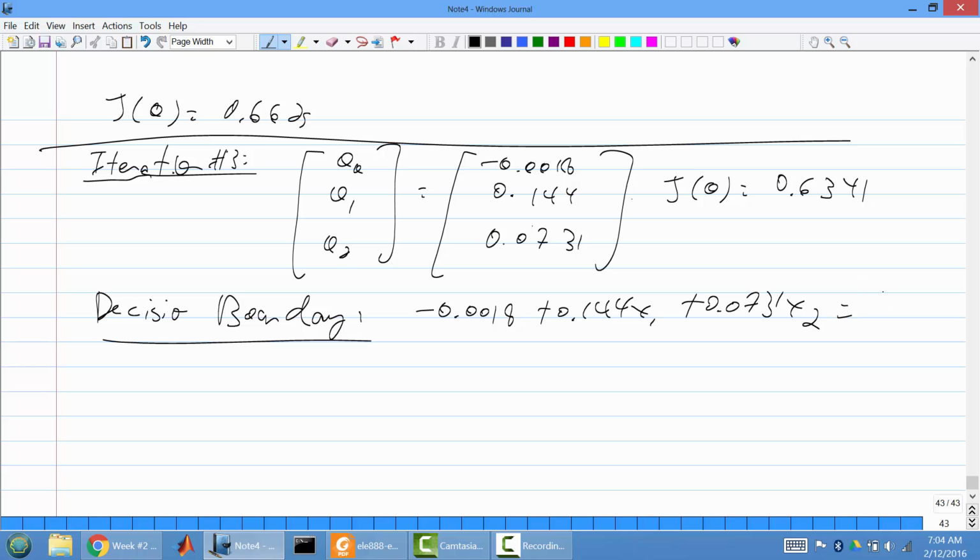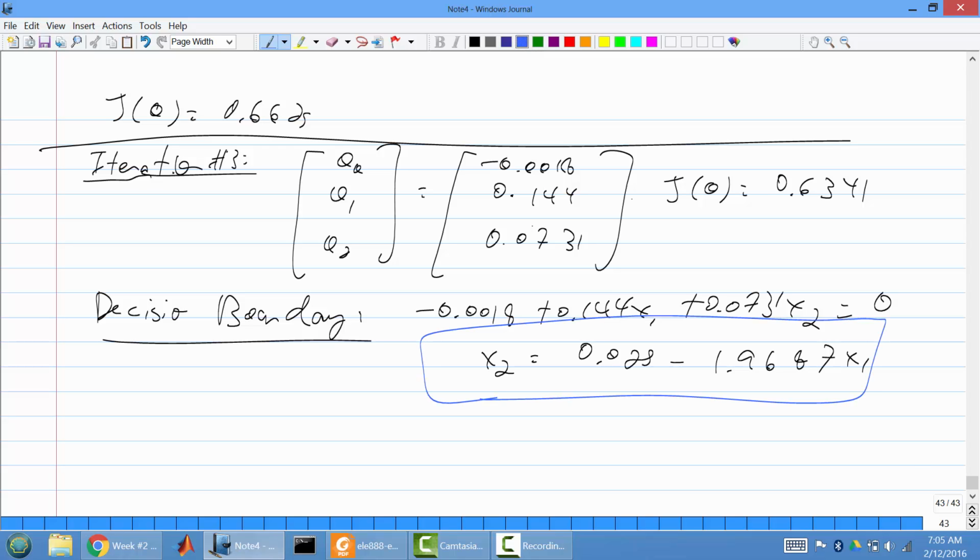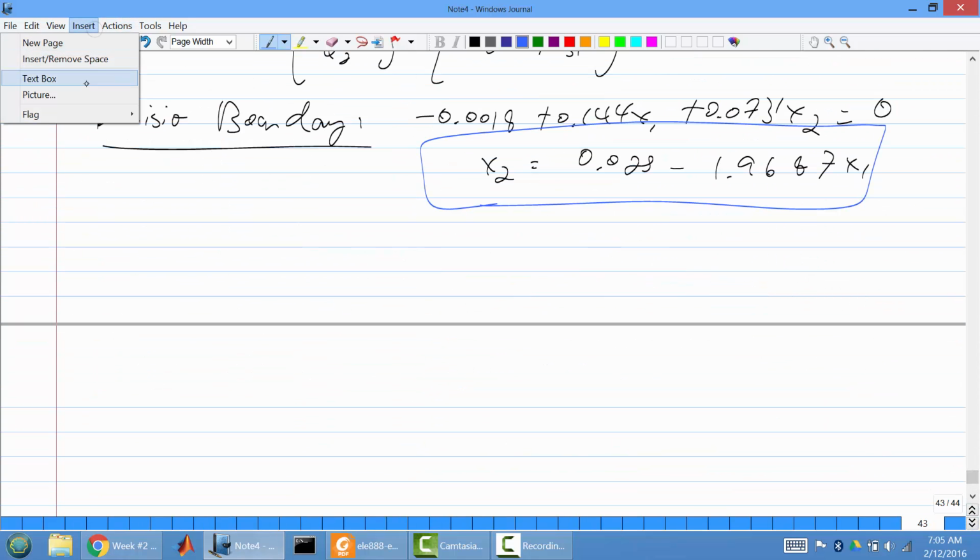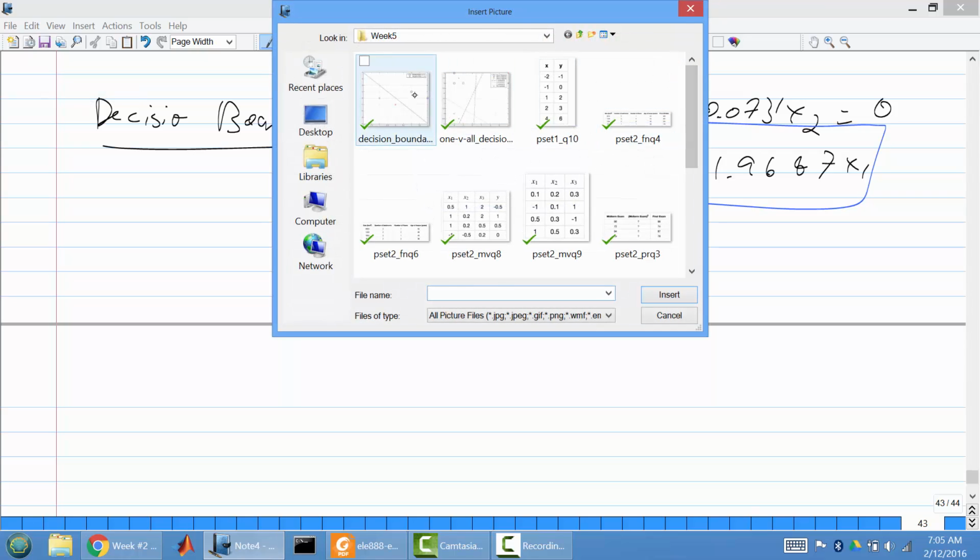That's where the decision boundary is. And then if you rearrange and solve for x2, you'll get x2 equals 0.025 minus 1.9687x1. So this is the decision boundary, and I've got a nice figure that illustrates where the points are as well as the decision boundary itself. It's actually quite nice. So it's actually this guy right here.